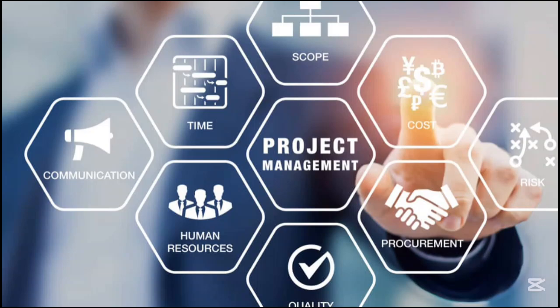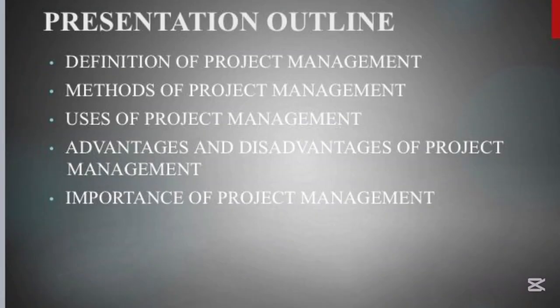So all in all, we talked about project management. We spoke about the definition. We gave the methods of project management, which included the Six Sigma, the critical chain project management, the waterfall methodology, the agile methodology, the lean method, and then we moved to the other methodologies which my colleague spoke about.